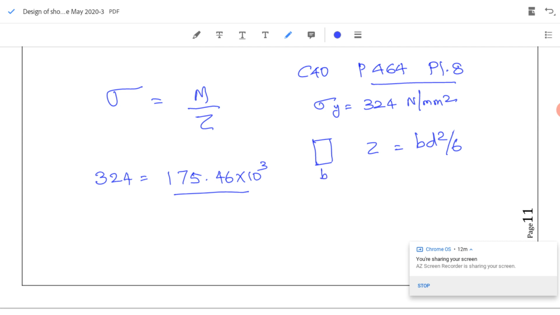Here both breadth and depth are unknown, and since depth should be higher for reducing the stress, I will take depth equal to 2 times B. Substituting that value, from this equation I will get B and D. Substituting D equal to 2B, I get B equal to 9.33 mm and depth equal to 18.66 mm.